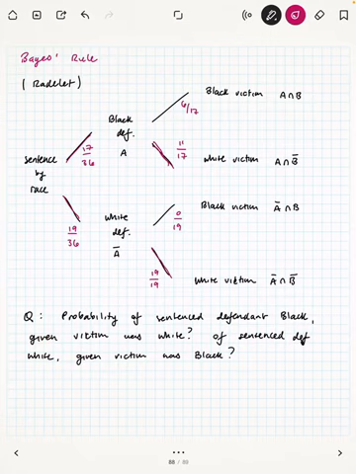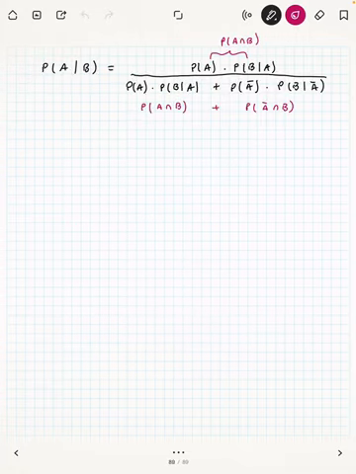So if we want to explicitly calculate that, we should write it out.